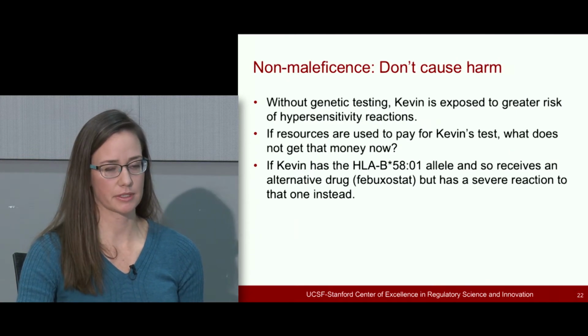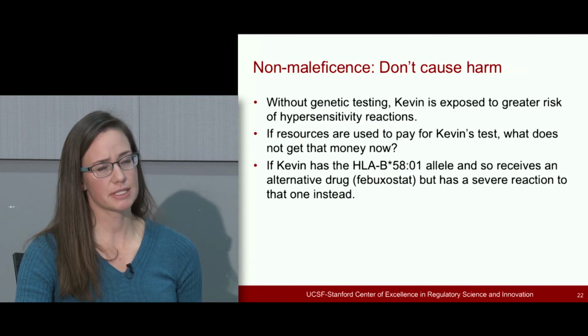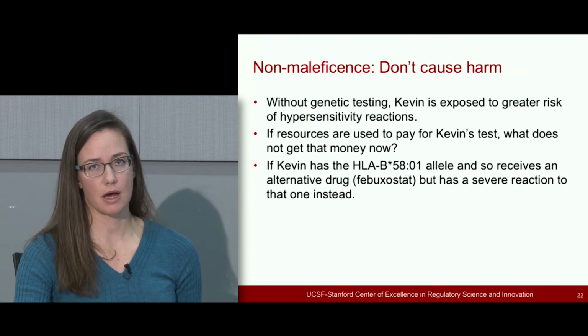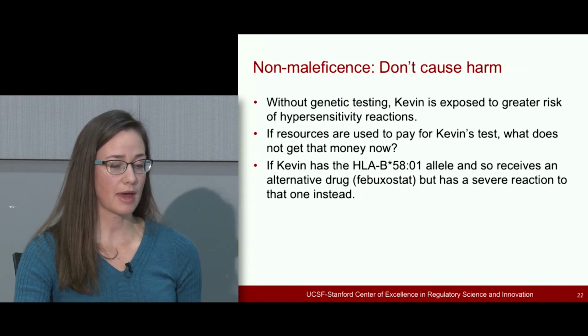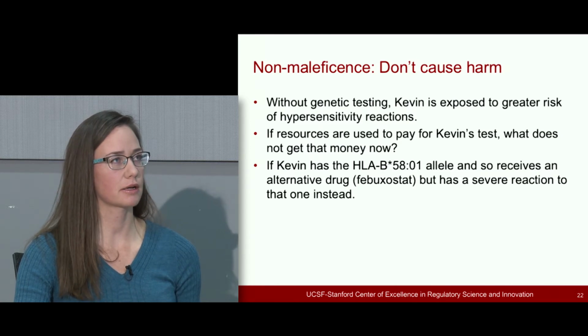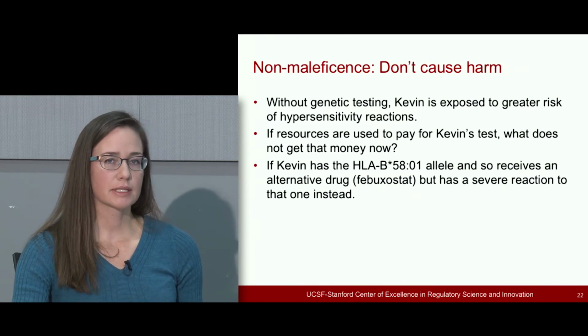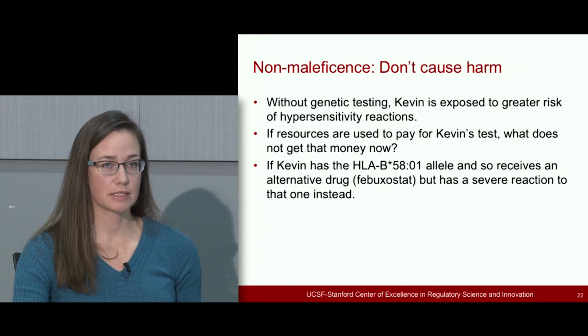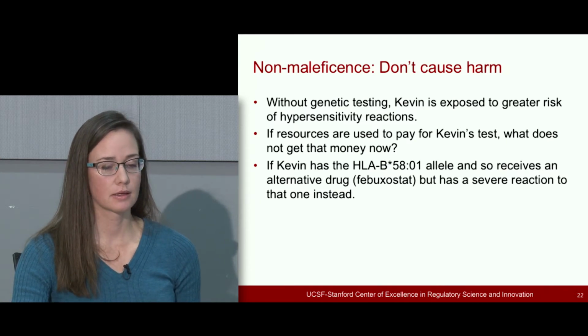Let's apply our second principle, non-maleficence. Don't do harm. So what are the potential harms that could be caused by clinical care in this context? Without performing genetic testing, Kevin is still exposed to this greater risk of a hypersensitivity reaction. Looking at resources, how is Kevin going to pay for this test? If he doesn't pay for the test, what could he use that money for instead?